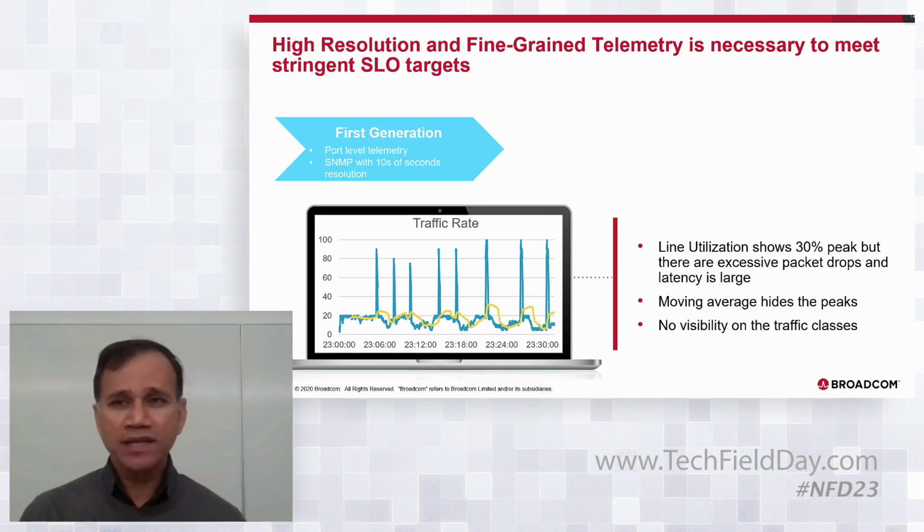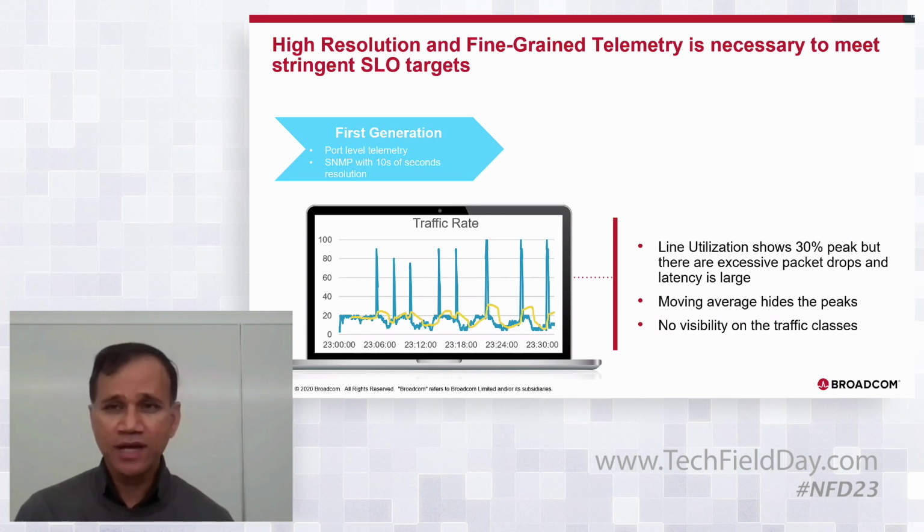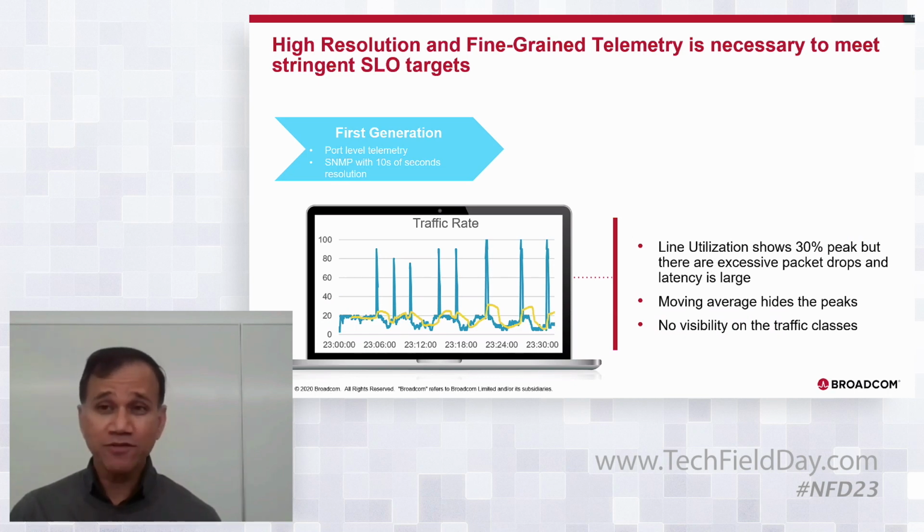The other thing that you find in the first generation of products is that there's only port level visibility. You don't have class of service. You don't have queue level visibility. Most of the silicon in the fabric supports multiple queues, but just because a port is highly utilized doesn't mean you actually have issues.